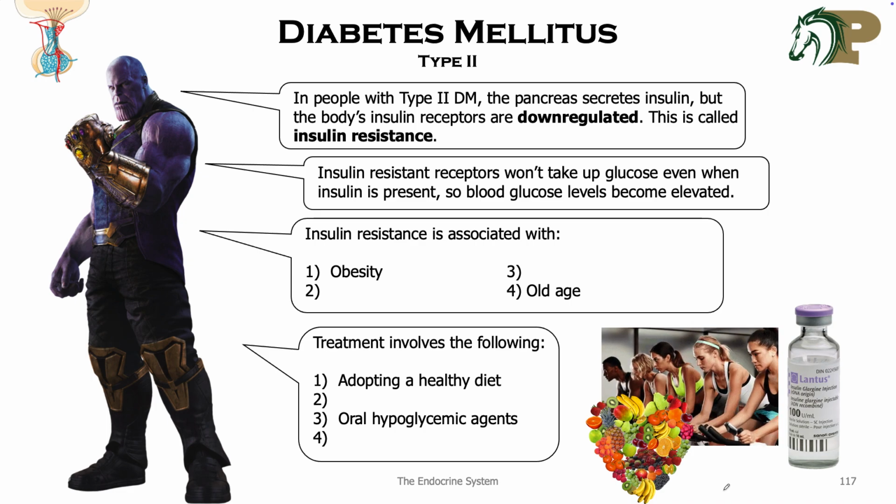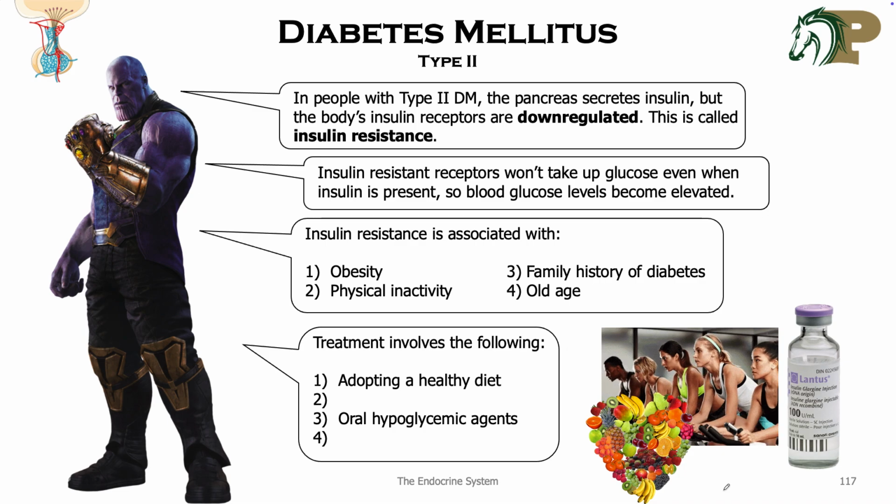Insulin resistance is associated with obesity, like I said before, physical inactivity, family history of diabetes, and old age. So older individuals are going to develop this condition. Treatment will involve adopting a healthy diet and adequate exercise. So those are your more conservative treatment regimens. You can also give these patients oral hypoglycemic agents.